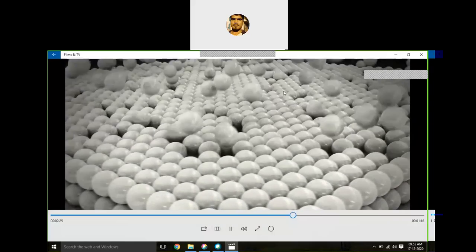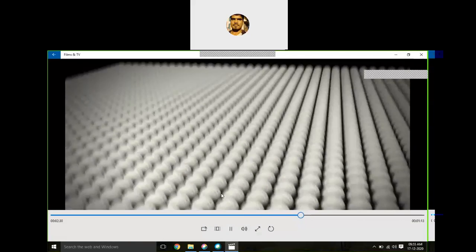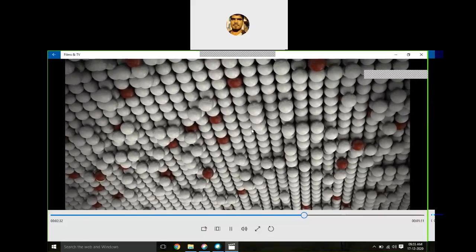From the target, the atoms are deposited on the substrate with the help of argon.